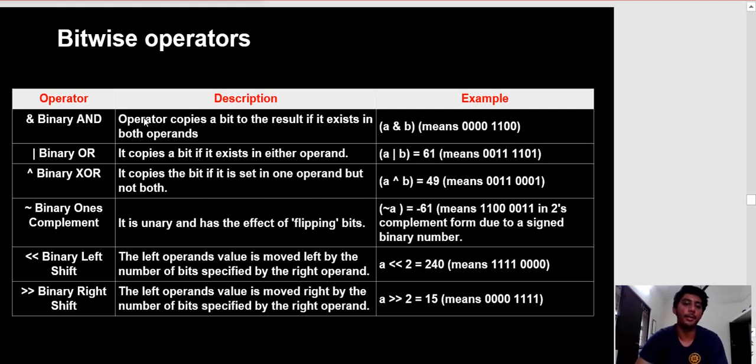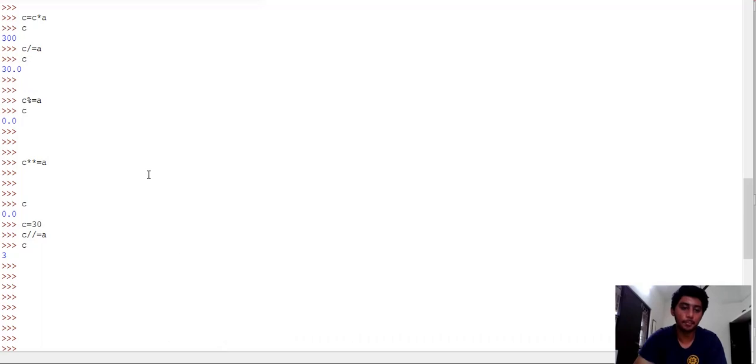Now we will see the next kind of operator, that is bitwise operator. There are binary AND operator, binary OR operator, binary XOR operator, binary ones complement, binary left shift, and binary right shift. Now we will see the demo of these operators one by one.